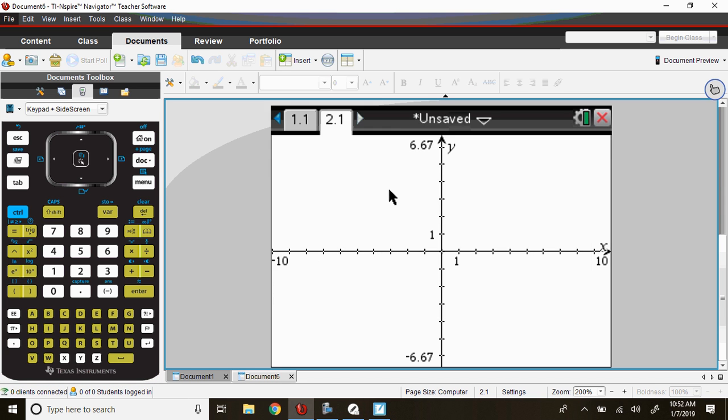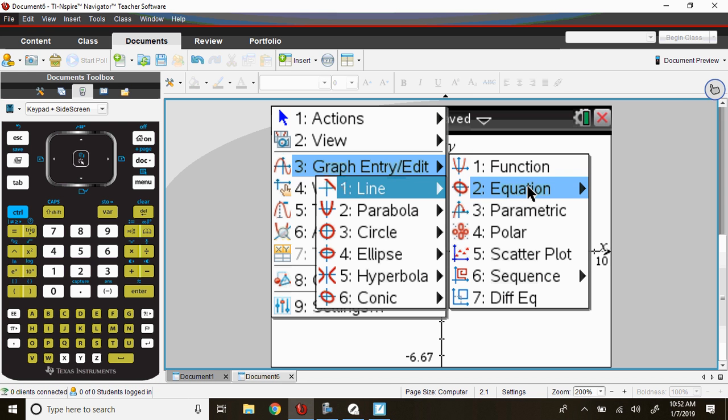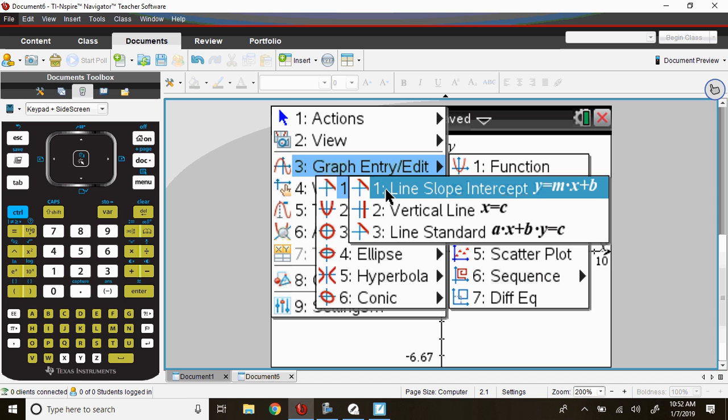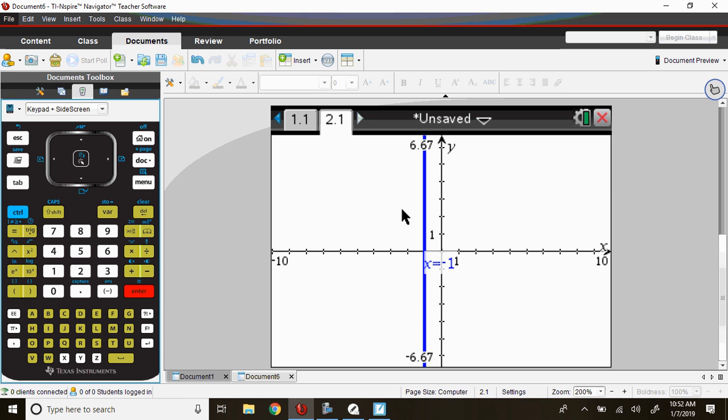And it couldn't be any more clear when I do that. Look at option 2 right there. It even tells you, hey, x equals some number, that's a vertical line. Let's pick that. X equals what? I think it's -1, right? X equals -1. Enter.